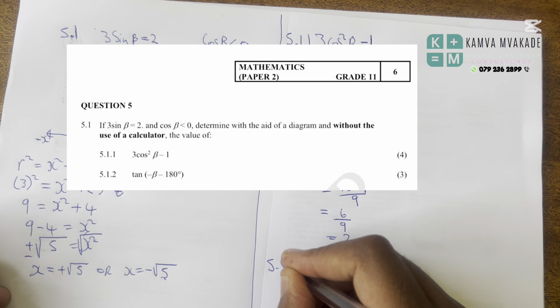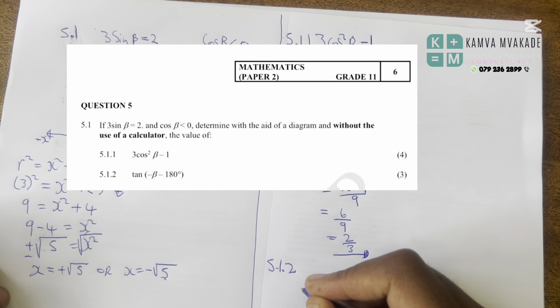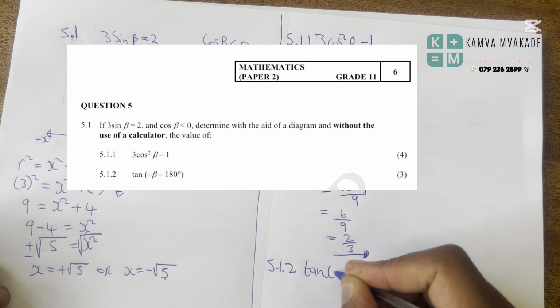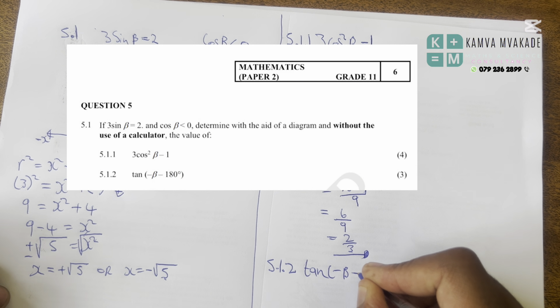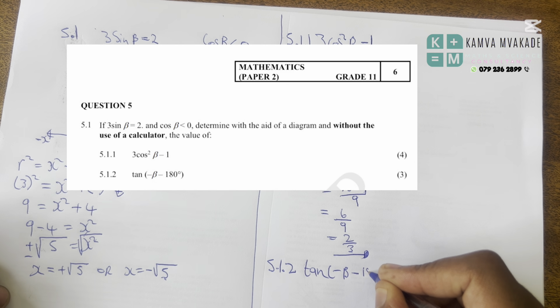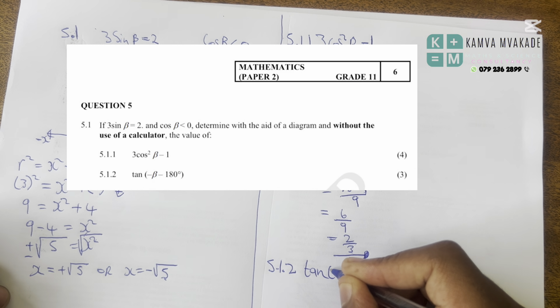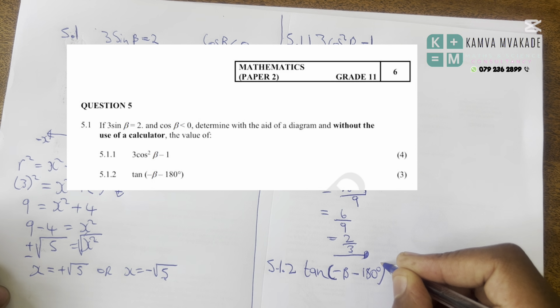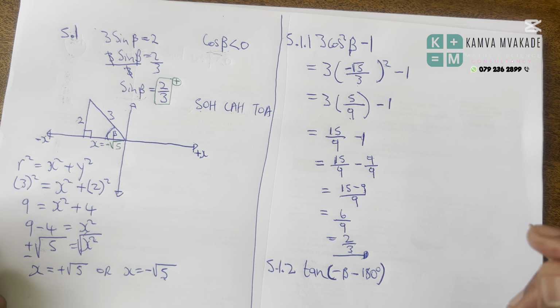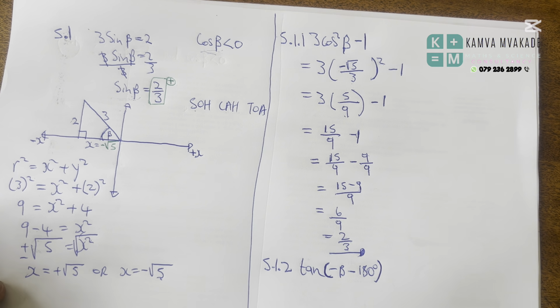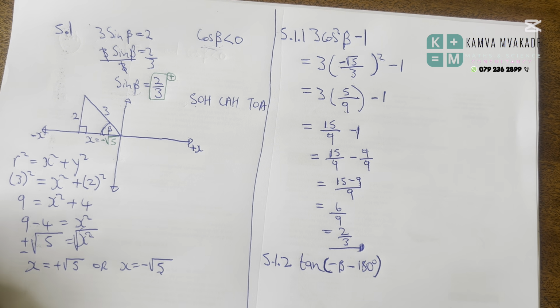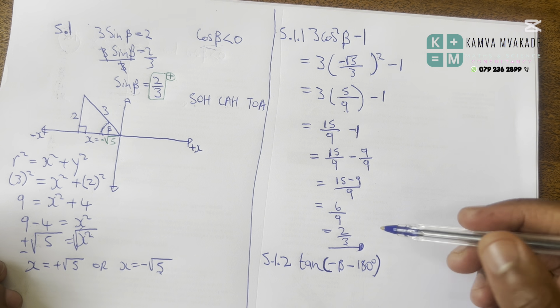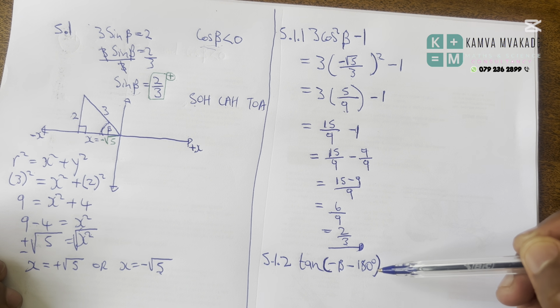5.1.2, we've got tan of negative beta minus 180 degrees. So what we can do here is simply add 360.